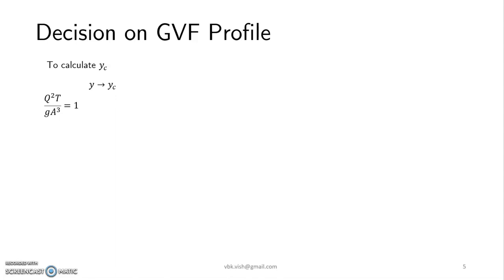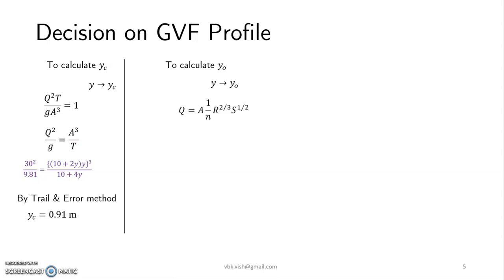We go with Q square T by g A cube equals 1. We substitute the values for Q square, g, and the area and the T in terms of y. We run a trial and error method, and that's how we calculate YC. YC is 0.91. Remind you, YC is the depth at a critical section.